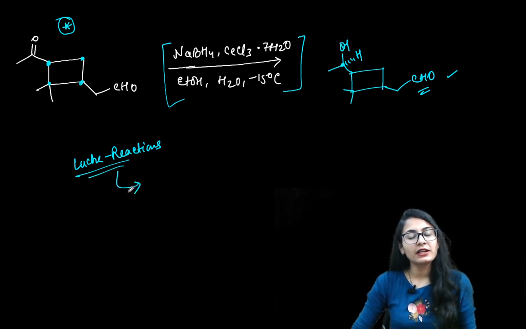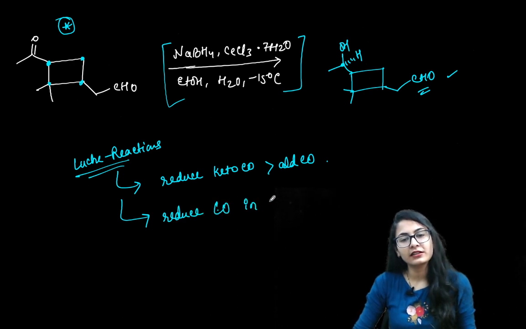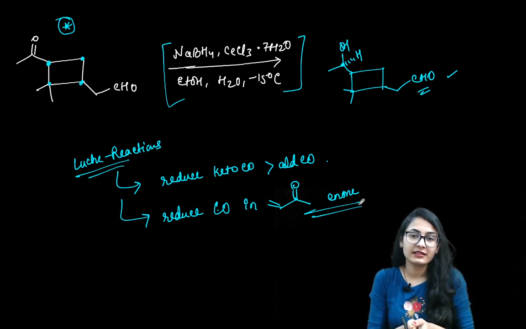The first function is that it is going to reduce ketocarbonyl faster than the aldehyde carbonyl. Okay. The second is it is going to reduce only the carbonyl group in the alpha beta unsaturated ketone, or basically the enone system. These are two of the reactions and we have seen some examples also, very nice examples.